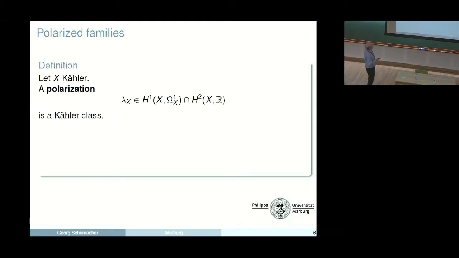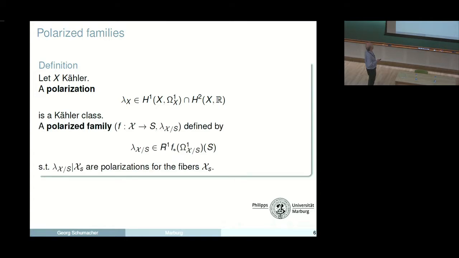And so the notion of a polarization comes up in algebraic geometry. One can say that it would be the class of an ample line bundle, and for us it's a Kähler class. And so a polarization would be a (1,1) class, which is real and represented by a Kähler form. And then we need the notion of a polarized family.